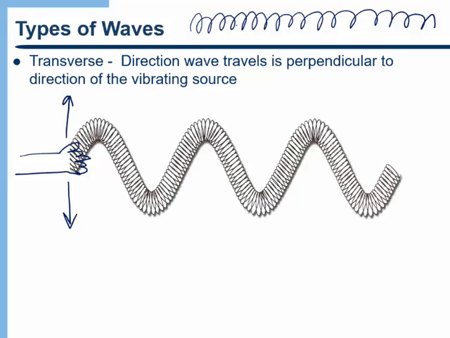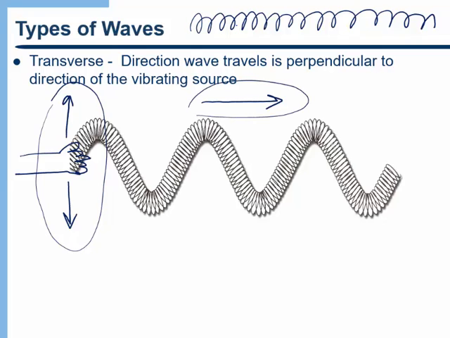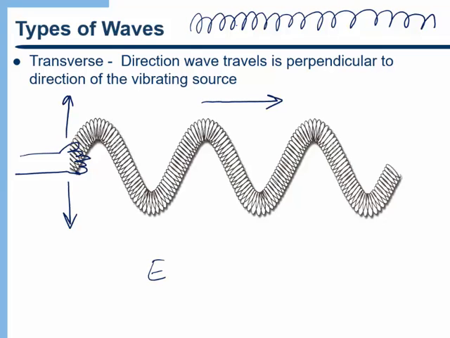What I would see then is the wave would travel in that direction. So you'll notice that the direction of the vibrating source is perpendicular to the direction that the wave travels. And so what we would see is each of these crests and troughs traveling to the right down the slinky. By the way, electromagnetic waves are transverse waves.